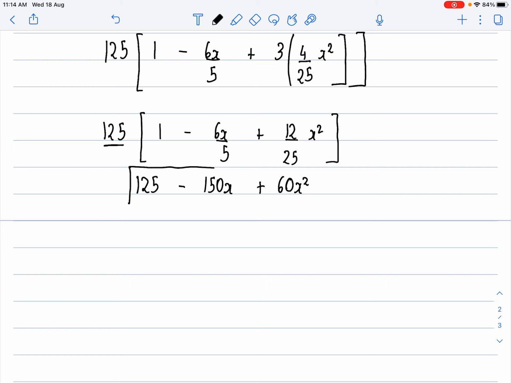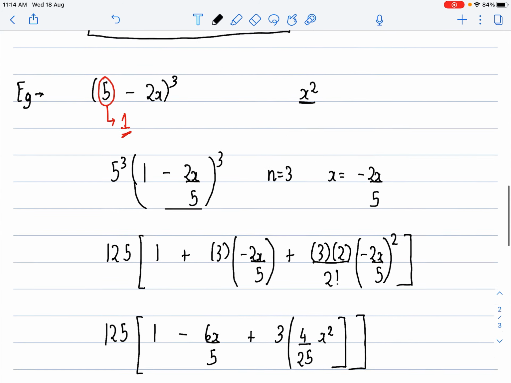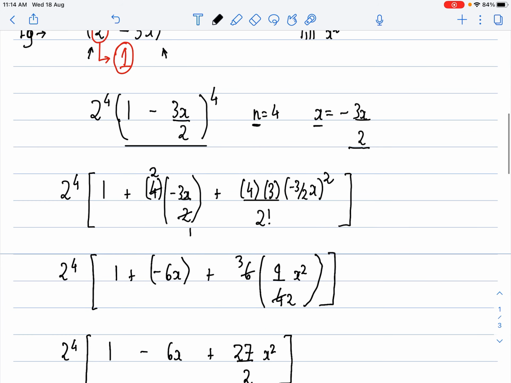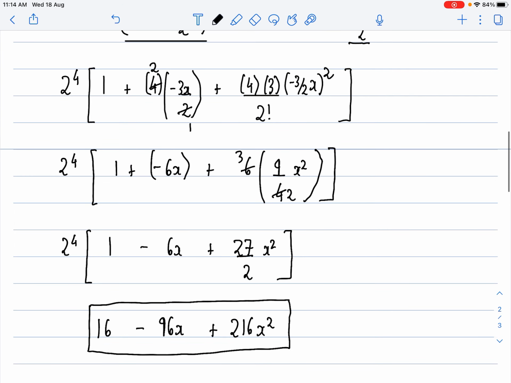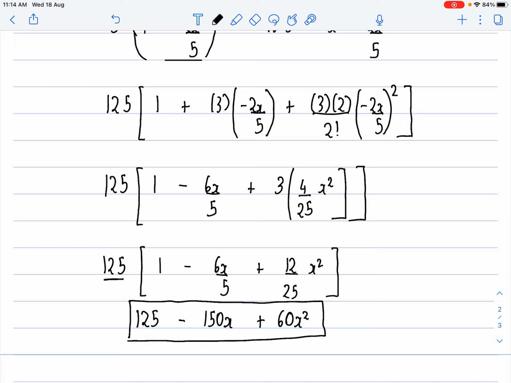So this is basically your final answer up to x square, correct? So this is what you need to know. Okay, this is the full binomial expansion. The most important thing is basically converting it into the form, identifying your n and x, then simply substituting, and then getting your final answer. And please beware of silly mistakes.